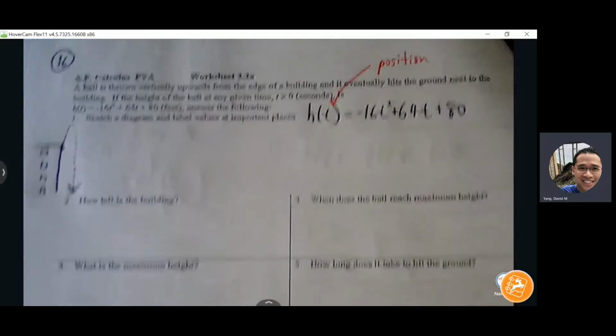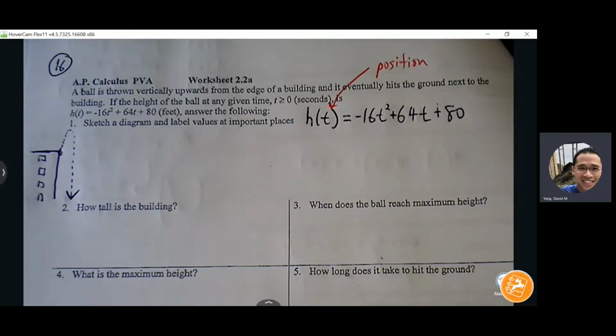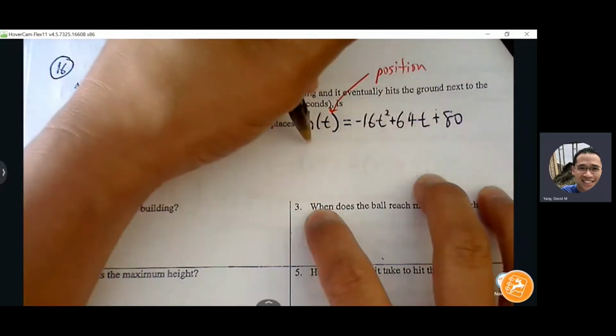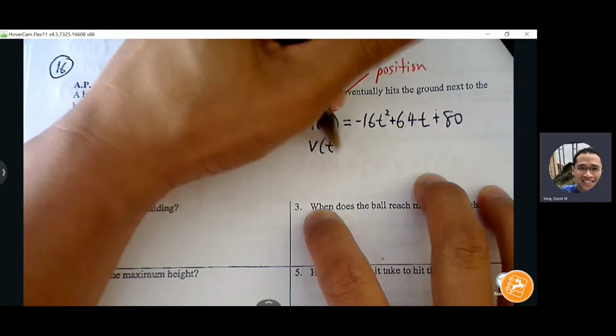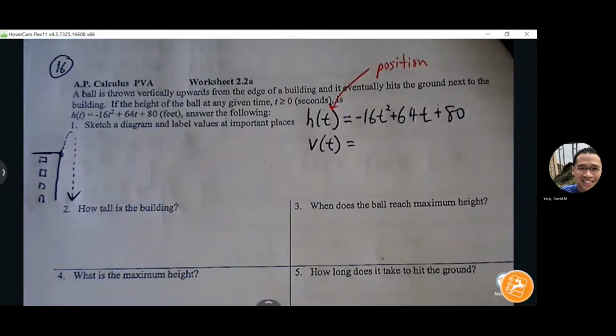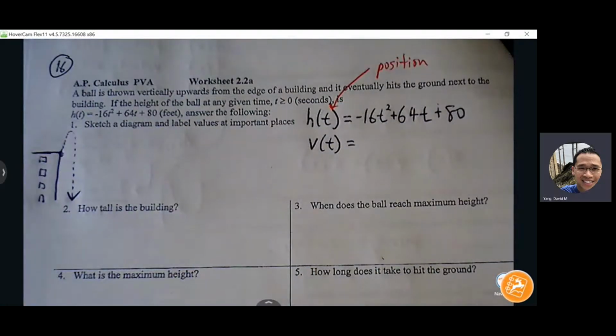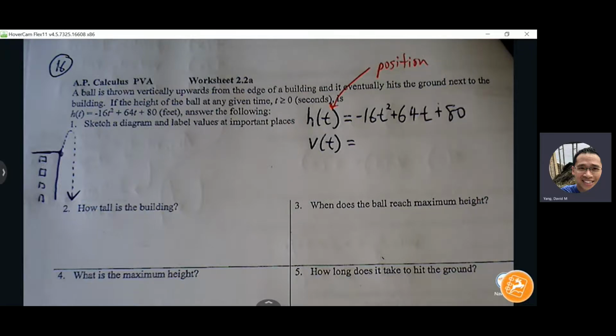Let's go ahead and find our velocity and acceleration function just to get the calculus out of the way. And the rest of it, we're just going to be using it and interpreting it. So the nice thing is that all these terms are set up and ready for power rule, right? There's no radicals to convert. There's no variable in the denominator. There's no parentheses. So we can jump directly into power rule.